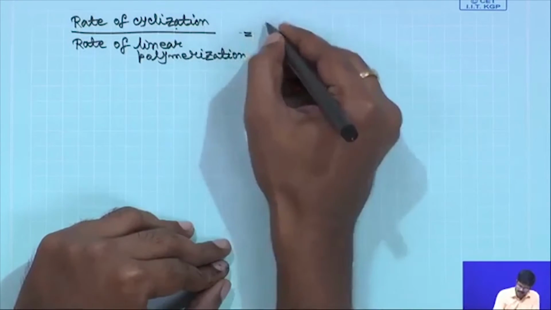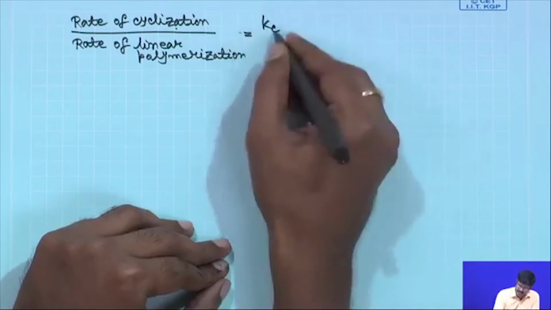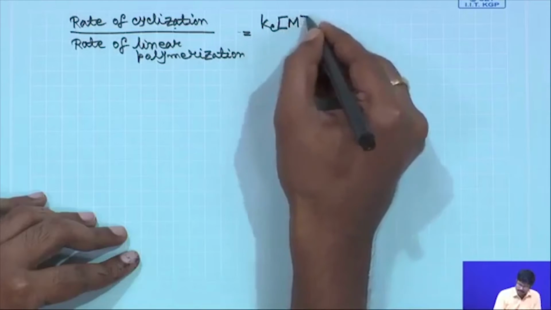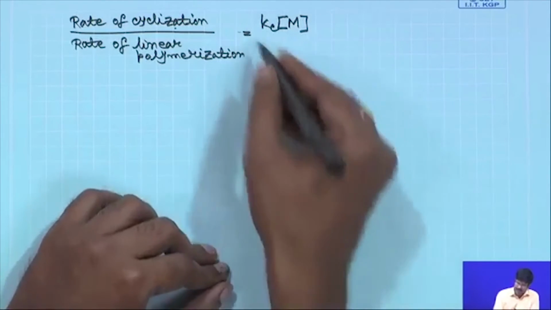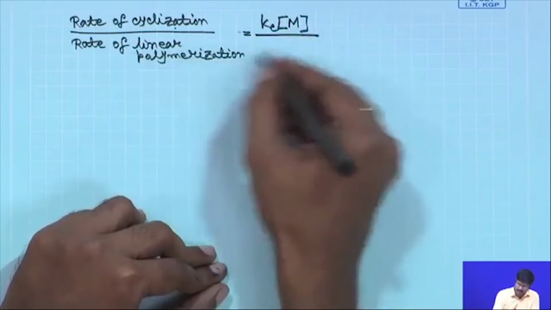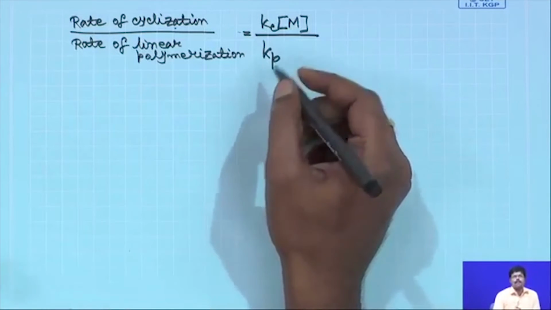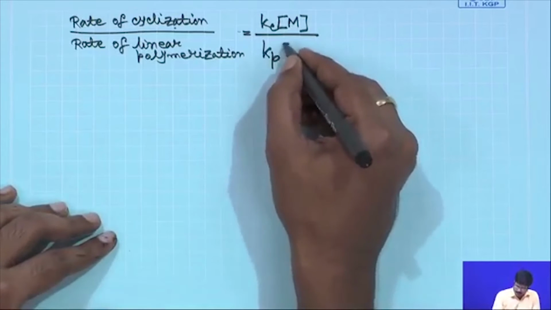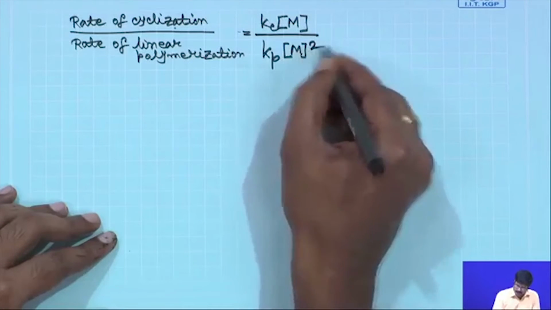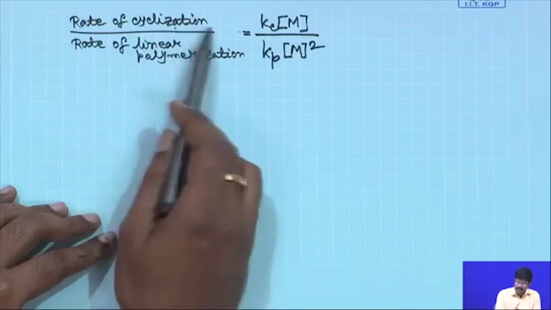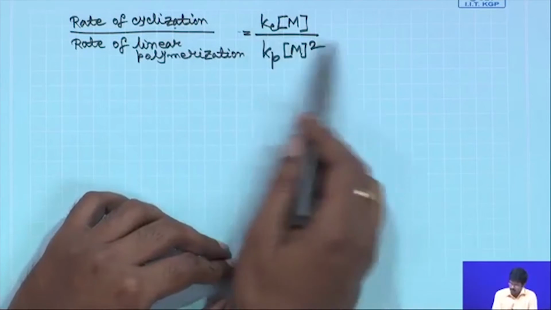So, rate of cyclization, let us say the rate constant is Kc, C stands for cyclization, into M, where M is the concentration of monomer, divided by the rate of linear polymerization, let us say Kp is the rate constant for linear polymerization, into M square.